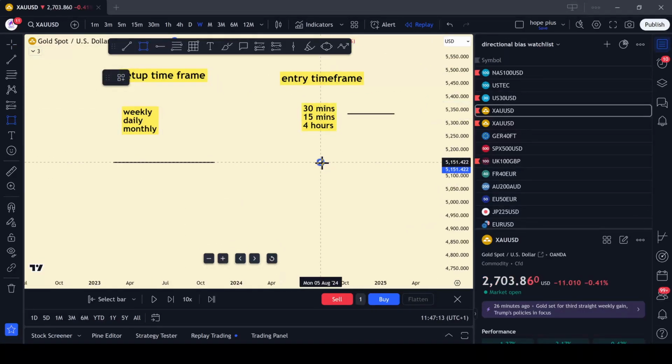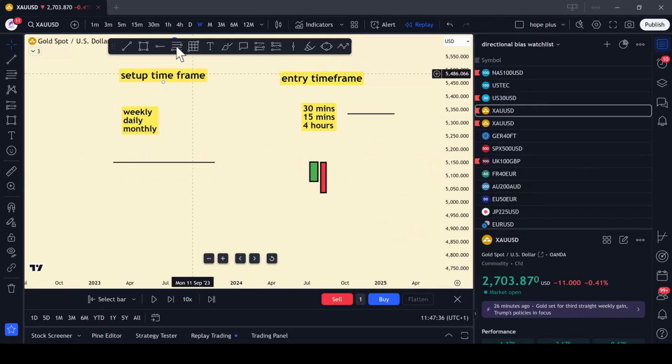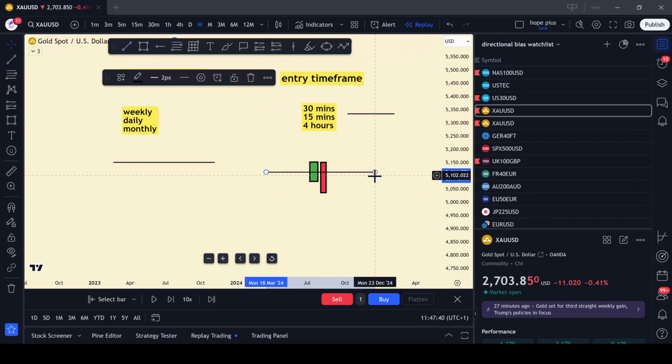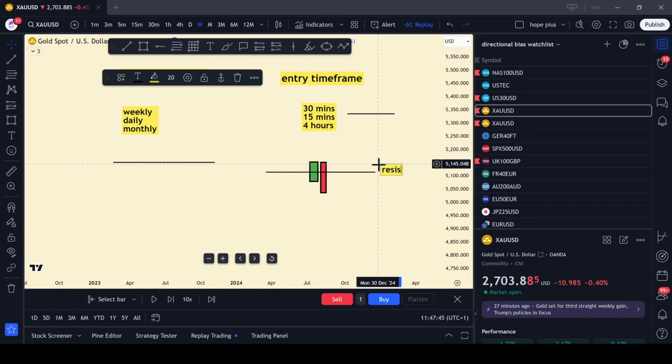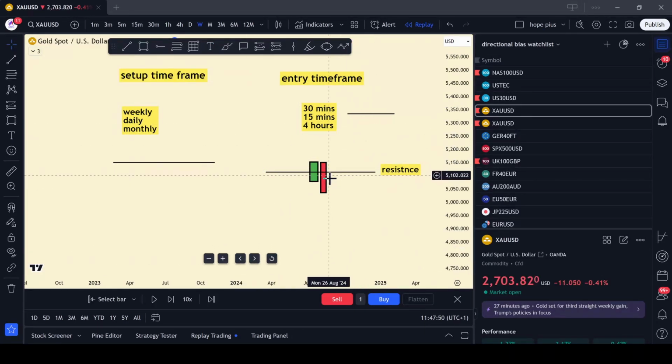And how does that look? For example, I have a bullish candle, let's change this to green, then we have this bearish candle. This bearish candle engulfs the entire green candle. Once you see this at an area of resistance, it signals that the price is about to fall.